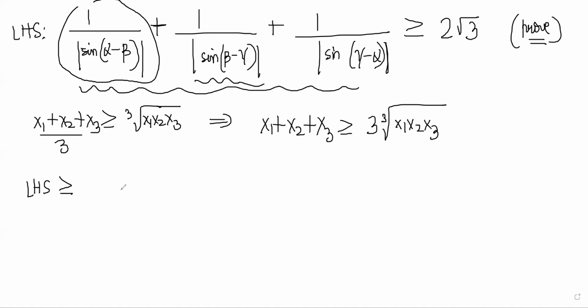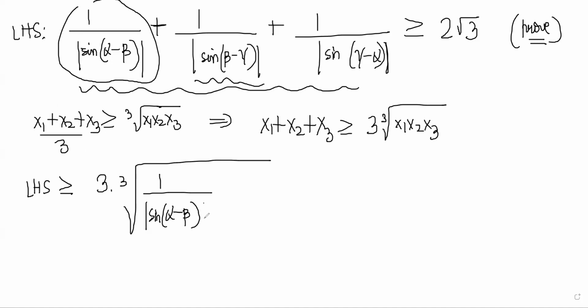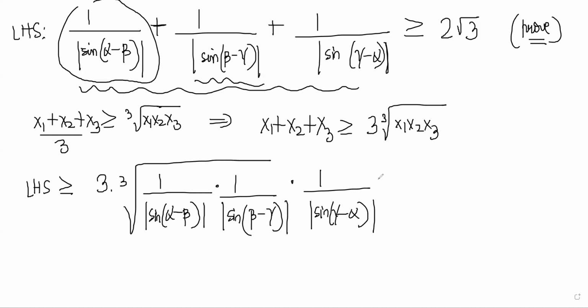So what we can say is that this LHS is clearly greater than equal to 3 times cube root of 1 by mod of sine alpha minus beta times 1 by mod of sine beta minus gamma times 1 by mod of sine gamma minus alpha, right?